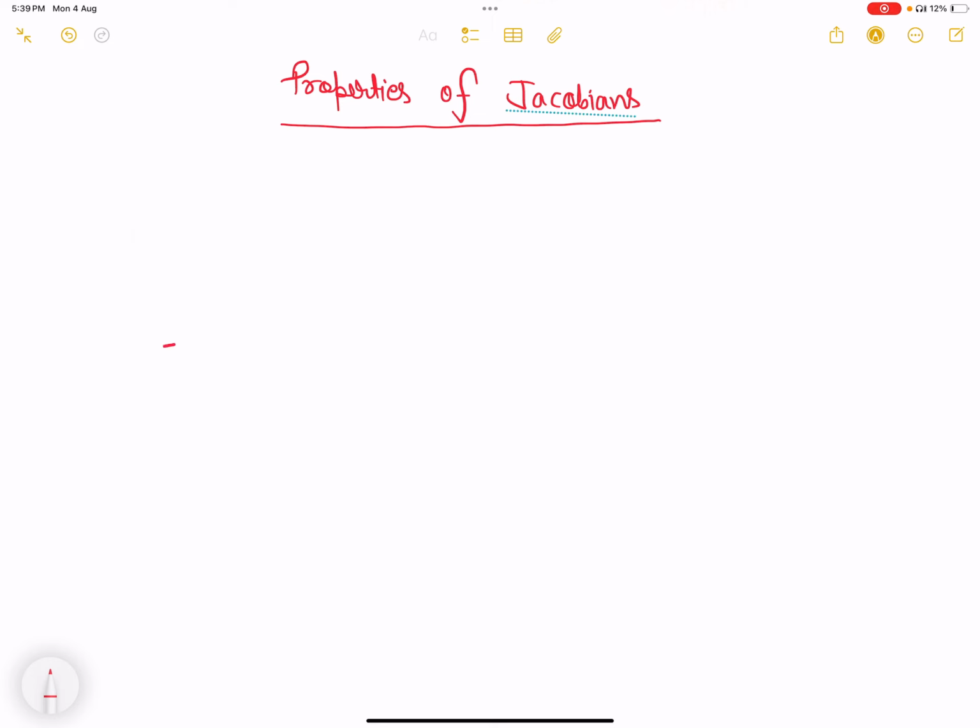Property first. What is the first property?